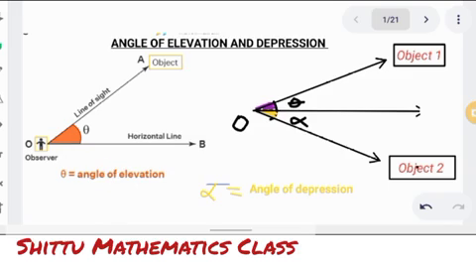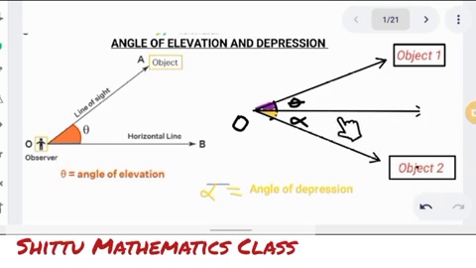Then we go to this second diagram here. We can see that this is a horizontal line, the normal height level of the observer, and this is the object above this horizontal line, and this is the object below the horizontal line.